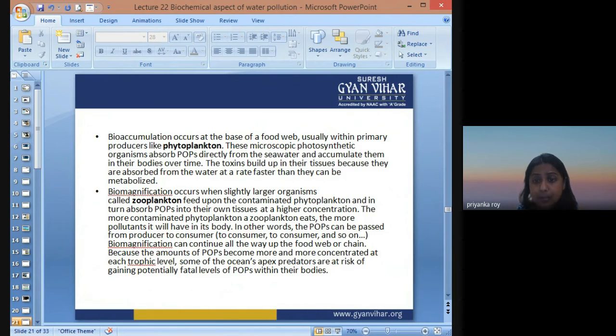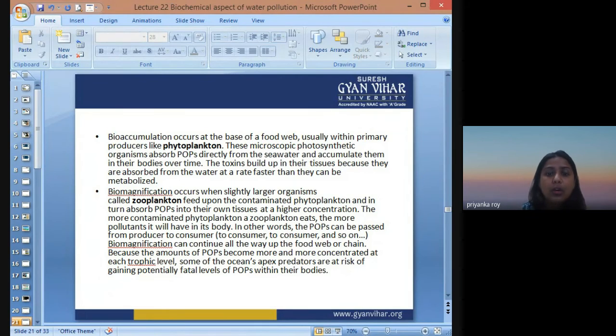So the toxin builds up in their tissue because it is absorbed from the water at a rate faster than they can metabolize it. Biomagnification occurs when slightly larger organisms called zooplankton feed upon the contaminated phytoplankton, and in turn absorb POPs in their own tissues at a higher concentration.